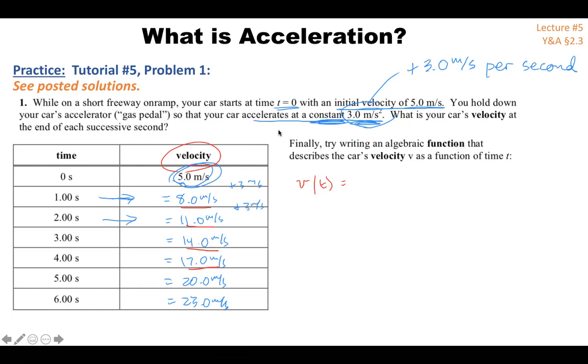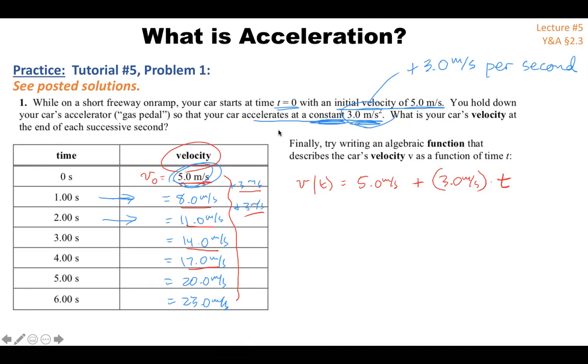We started with the initial velocity, so we could say, okay, let's say that we're going to start with 5 meters per second. And then what did we do? We added to that initial velocity 3 meters per second multiplied by the number of seconds that had elapsed, right? That was how many times we added 3 meters per second.